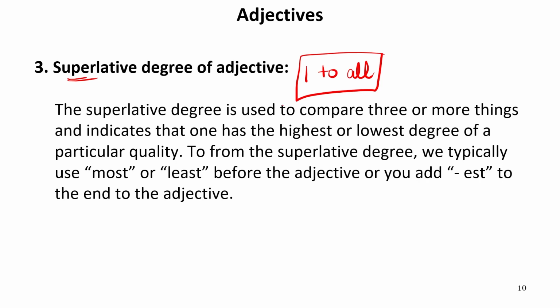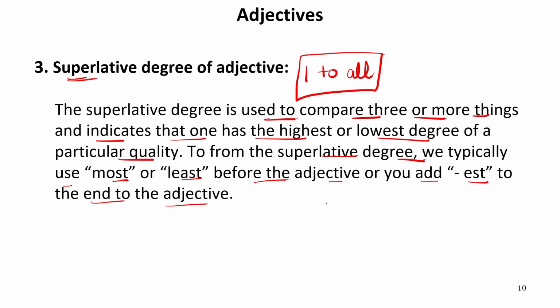The superlative degree is used to compare three or more things and indicates that one has the highest or the lowest degree of a particular quality. To form the superlative degree, we typically add most or least before the adjective, or you add est to the end of the adjective.